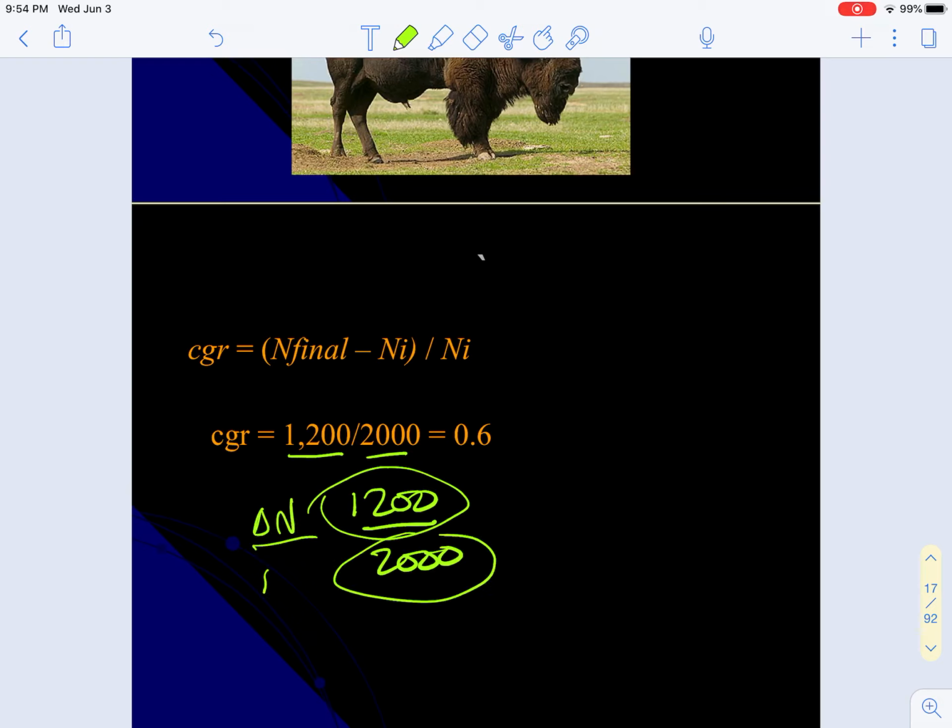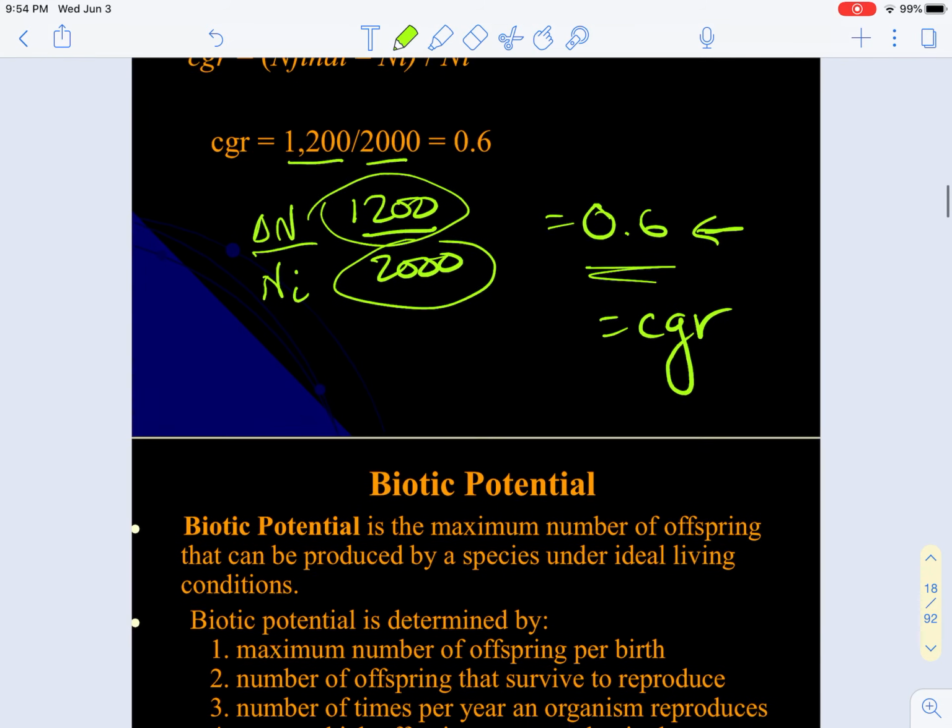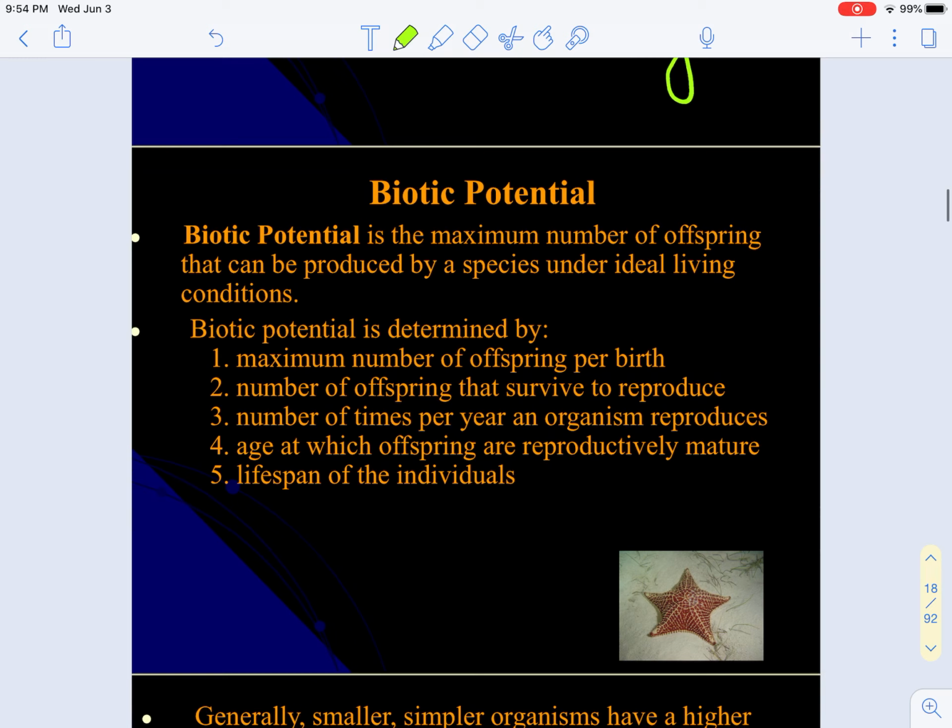This was the change in population. This was the original amount of the number of bison. And you notice that CGR has no unit. So CGR is simply 0.6, and that's the answer for CGR, per capita growth rate.